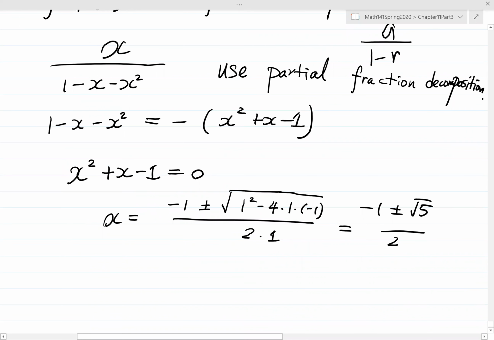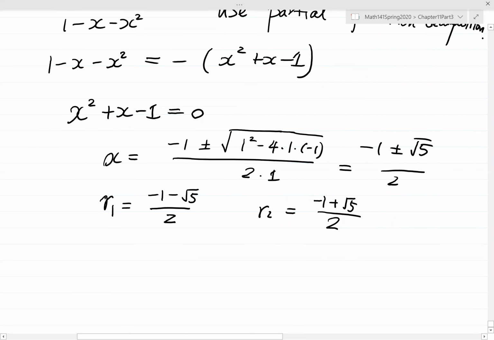So if you let the two roots r1 be negative 1 minus root 5 over 2, and r2 be negative 1 plus root 5 over 2, then you can actually get x squared plus x minus 1 equals x minus r1 times x minus r2.